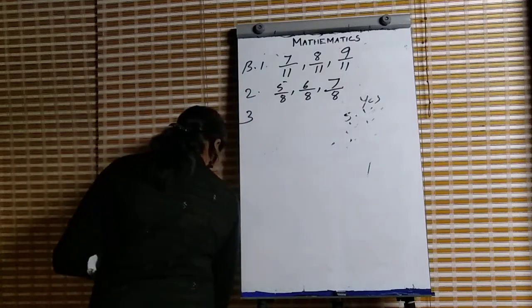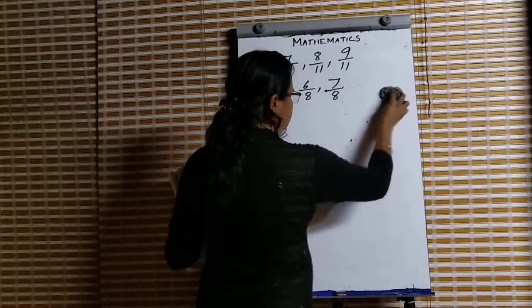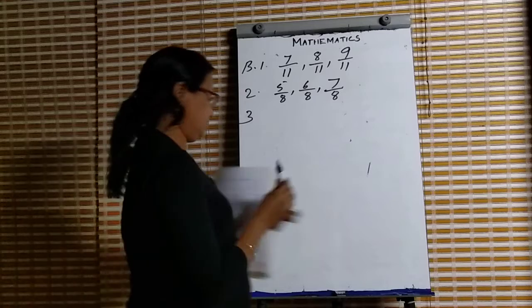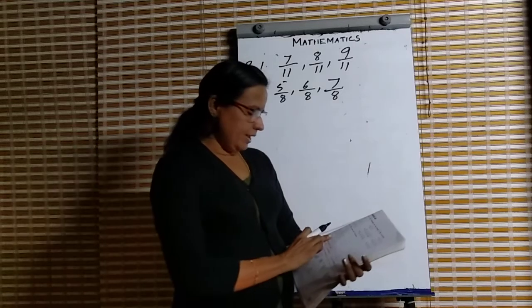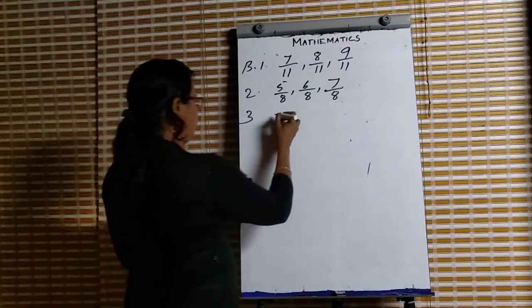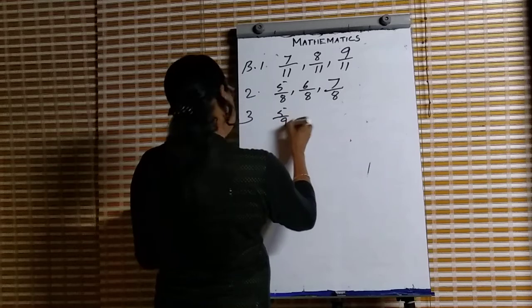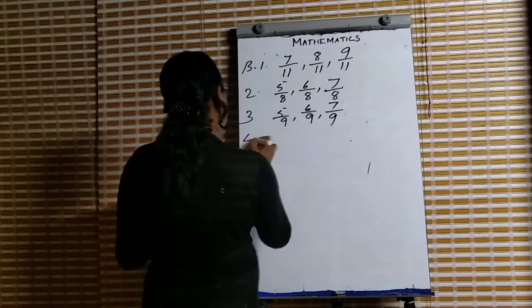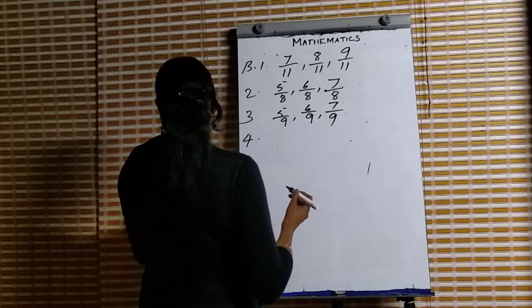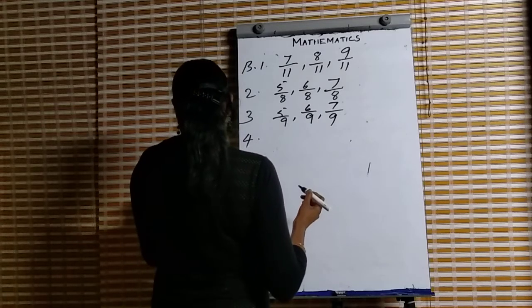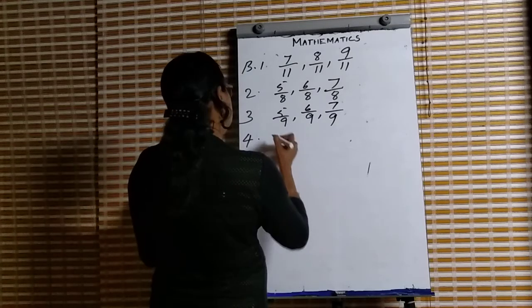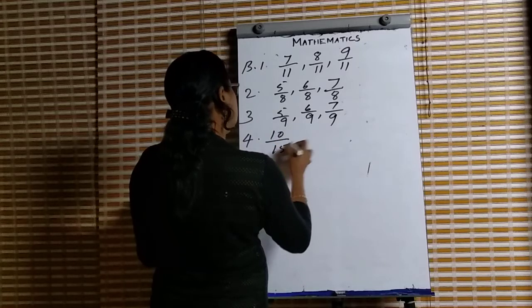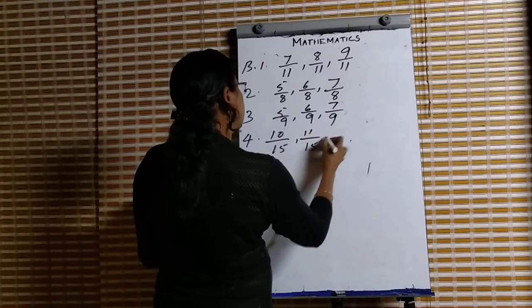Then question number 3. 2 by 9, 3 by 9, 4 by 9, 5 by 9, 6 by 9, 7 by 9. Then question number 4. 6 by 15, 7 by 15, 9 by 15, 10 by 15, 11 by 15, 12 by 15.